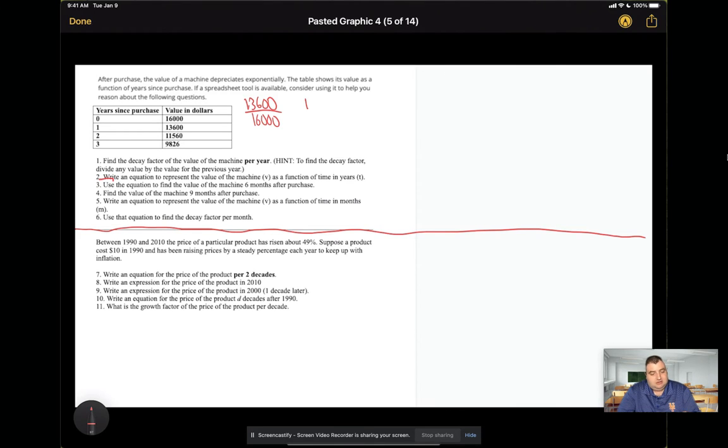I could do 11,560 divided by 13,600. Or I could do 9,826 divided by 11,560. It doesn't matter which I choose. I just pick any value and divide it by the value from the previous year.